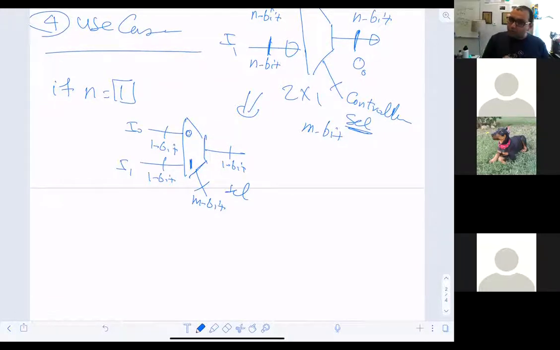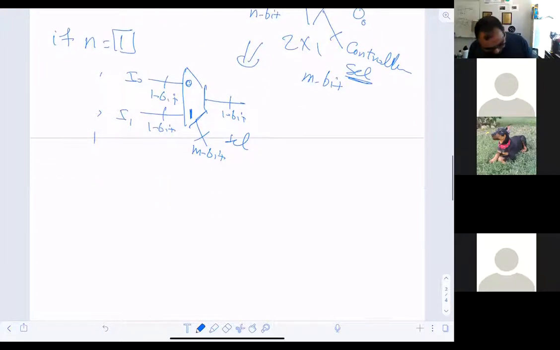The size of the selector is based on how many inputs I have. From your point of view, how many inputs do I have? 2.